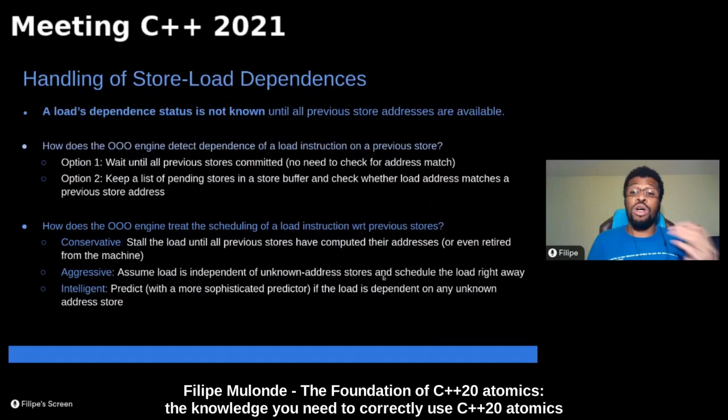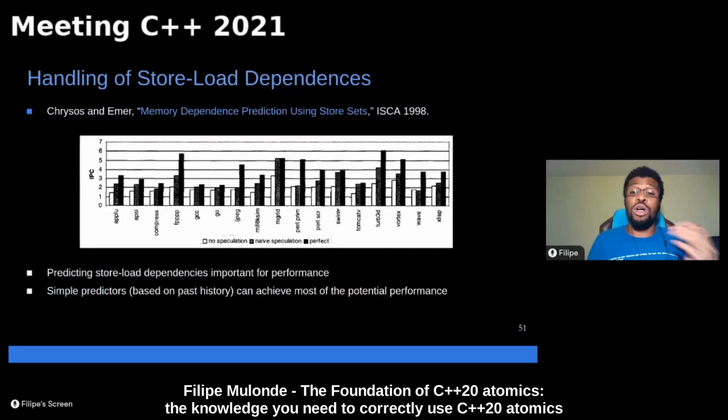And here we also need to check if the prediction is right or wrong, and if it's wrong, we need to execute the load again. And here we have an illustration of the performance of these 3 approaches, and the perfect or intelligent approach is better in terms of performance, and predicting store and load dependencies is important for performance.